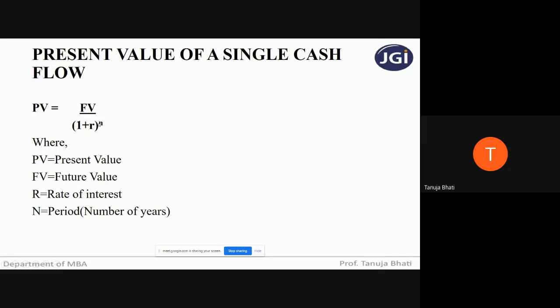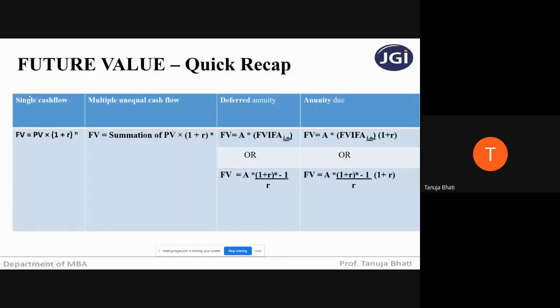Students, if you simply see the formula for future value, what is the future value formula? Present value into the bracket 1 plus r raised to n. You have just shifted the present value to the left hand side and divided by 1 plus r raised to n. Just see on the left hand side, the formula for future value is equal to present value into 1 plus r raised to n.